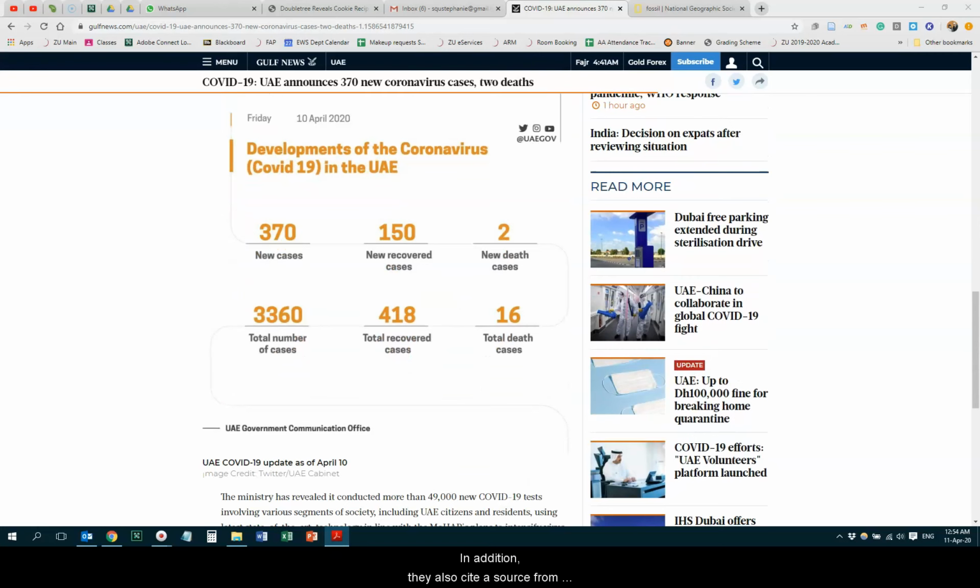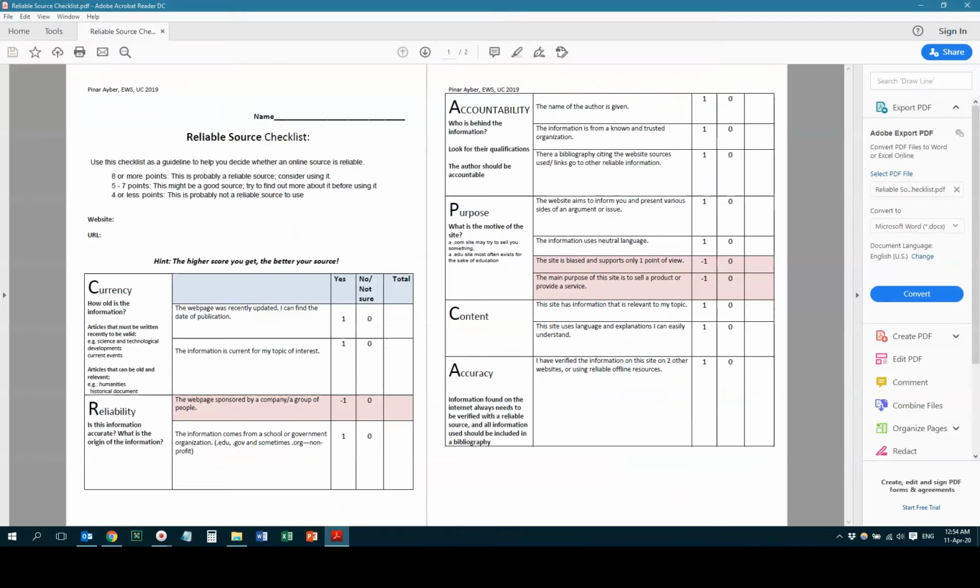In addition, they also cite a source from the UAE cabinet that gives data, which means that they've included other sources. So they've been accountable for the information. The author's name is given. It's from a trusted organization.